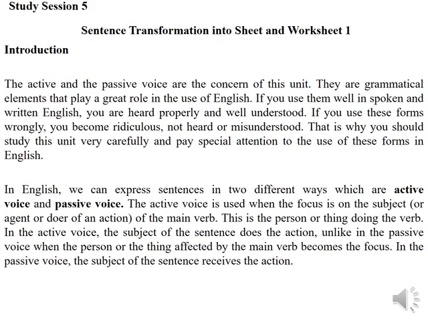So this is the person or thing doing the verb. In the active voice, the subject of the sentence does the action, unlike the passive voice, when the person or the thing affected by the main verb becomes the focus. So in the passive voice, the subject of the sentence receives the action.